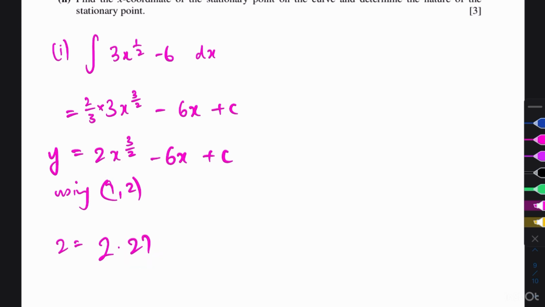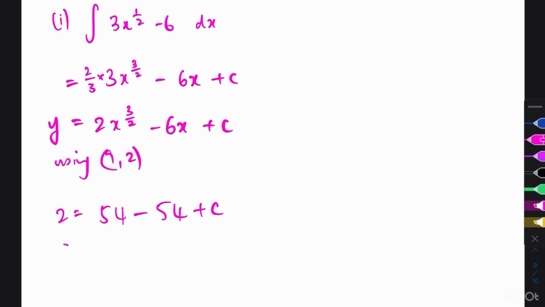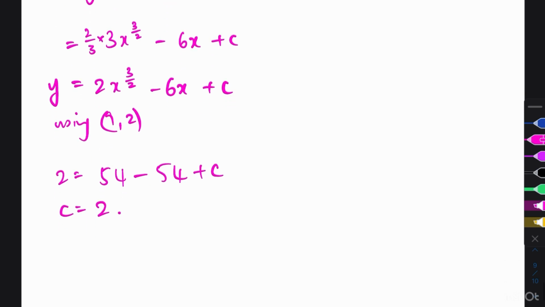So 2 times 27, which is going to be just 54. Okay, and then minus 6 times 9 is 54 again. Plus c. Okay, so then c is just equal to 2. So our final equation for our curve is 2x to the power of 3 over 2 minus 6x plus 2.